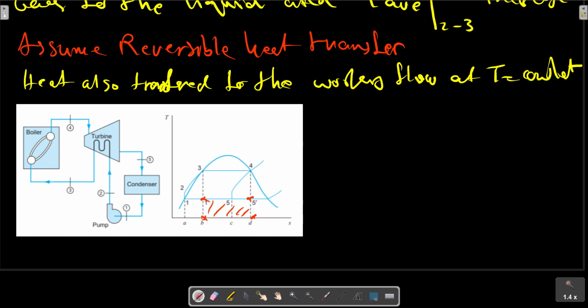Thus, the efficiency of this idealized regenerative cycle is exactly equal to the efficiency of the Carnot cycle with the same heat supply and heat rejection temperature.